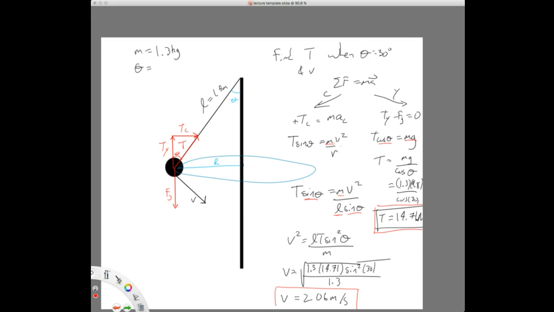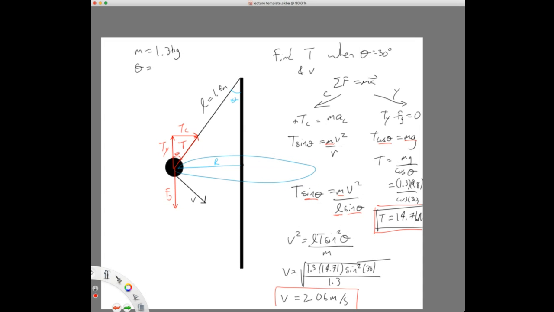Okay, so let's look at this expression just a little bit. We can see that as the angle increases, sine of small angles is small. So sine of 0 is 0, and sine of 90 is 1. So as the angle gets bigger, the velocity gets bigger. But let's also look at what happens to the tension.